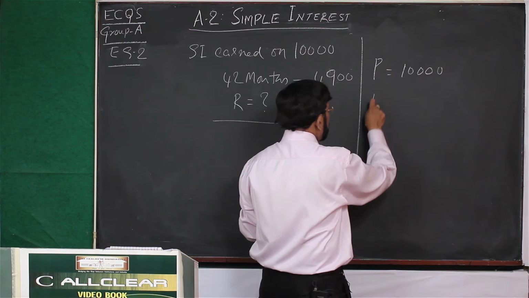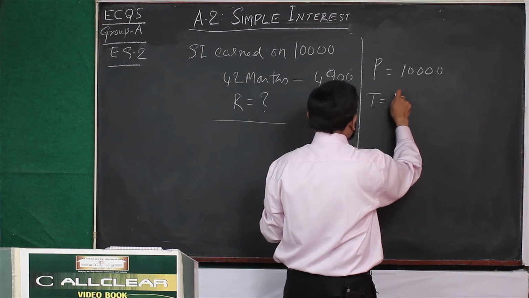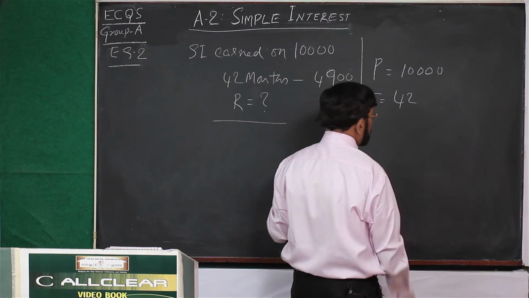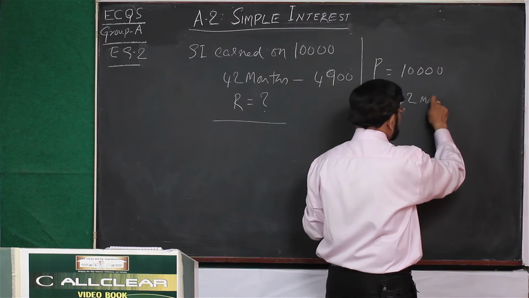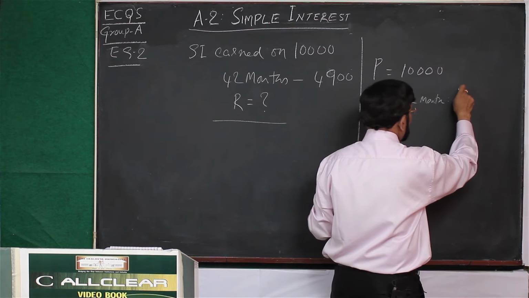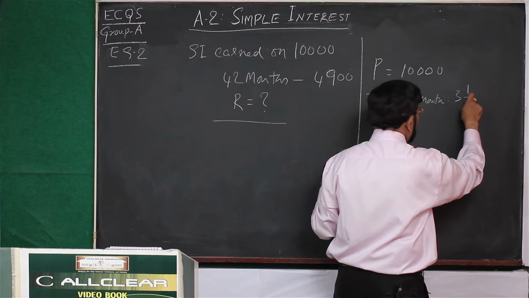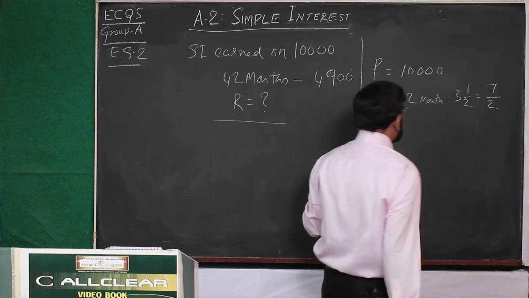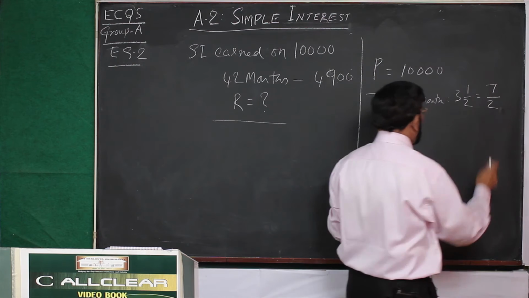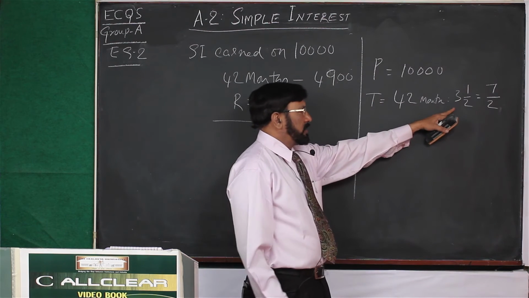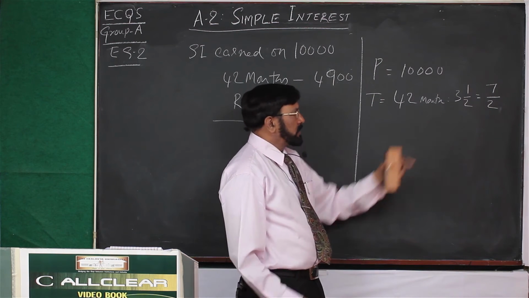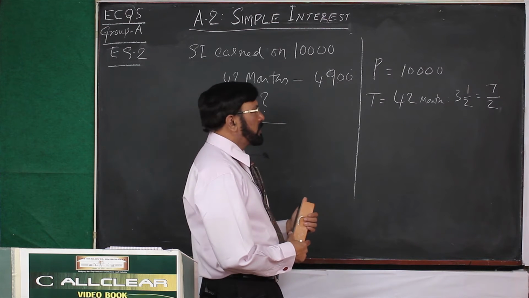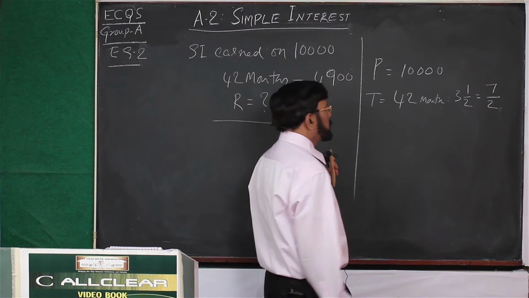Time is given in months, 42 months. 42 months you know is nothing but 3.5 years, that is 7 by 2. We are converting to 7 by 2 years.